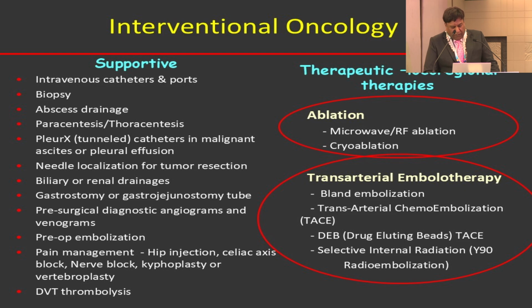We do a lot of cryoablations. Transarterial embolotherapy, mainly for HCC and hepatic metastasis. We do TACE procedures, and we have new staff at our St. Jude institution who does yttrium-90 procedures as well.